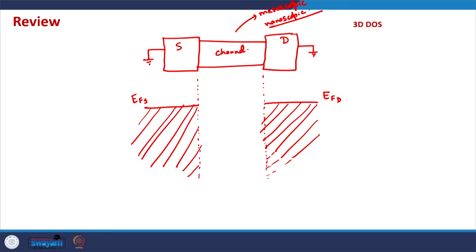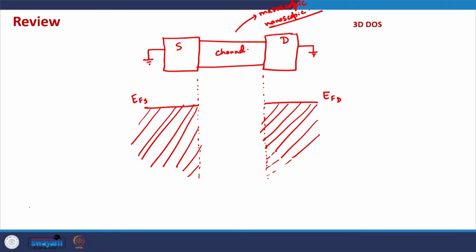So, for example, if n number of electrons are flowing from left to right, we will say that this system is in equilibrium when the same number of electrons are flowing from right to left with exactly the same velocity, same kind of situation, same kind of parameters. So, every process is countered by an equal and opposite process. That state of the system is known as the state of equilibrium. So, this is the equilibrium when no voltage is applied, every level is the same, these two Fermi levels are at the same energy level.